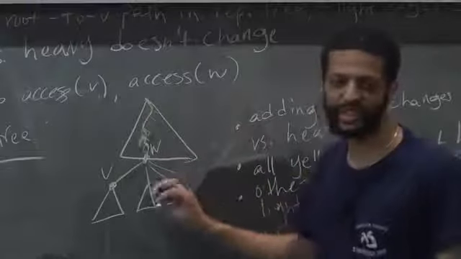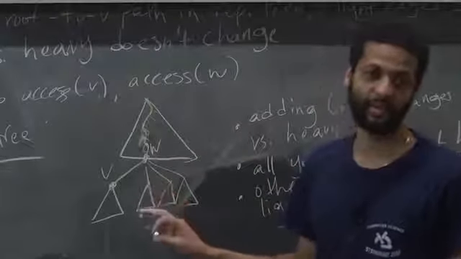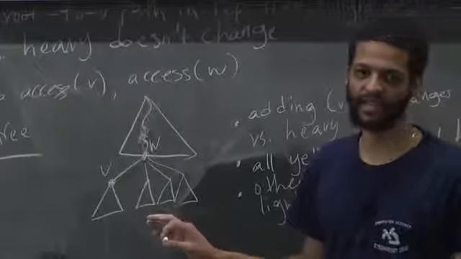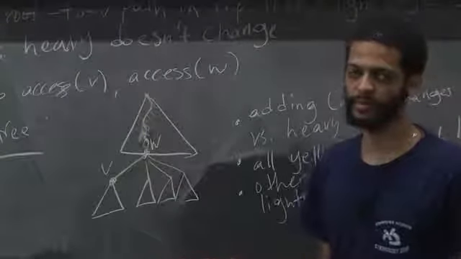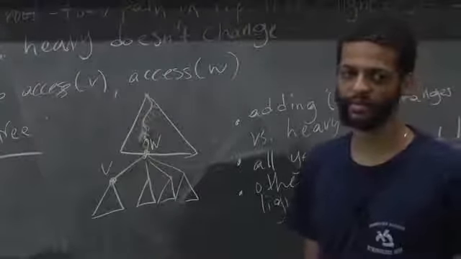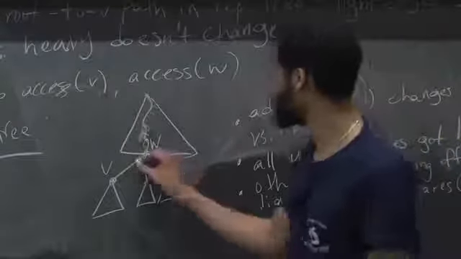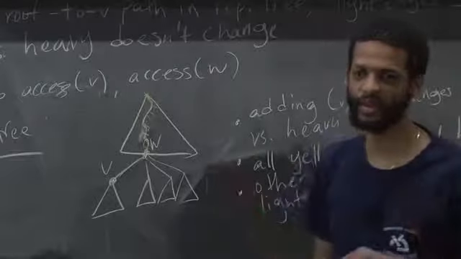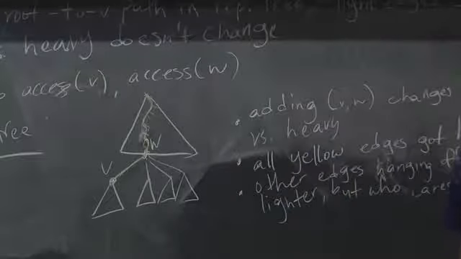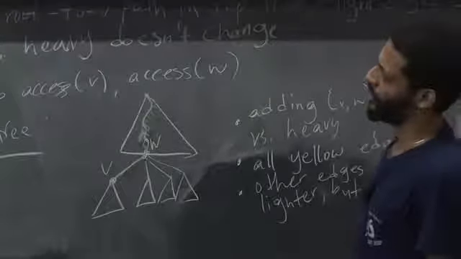If it's still light now, it was definitely light before when we did the access. So the access paid for it. Right? Does that answer your question? Well, and then V to W. Oh, so maybe there's one more, but that's an additive one. Good.